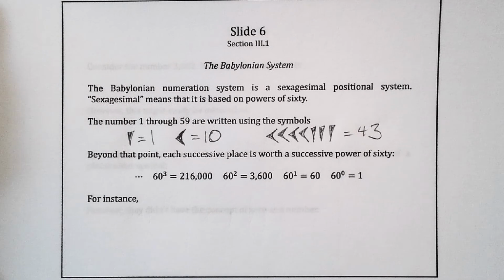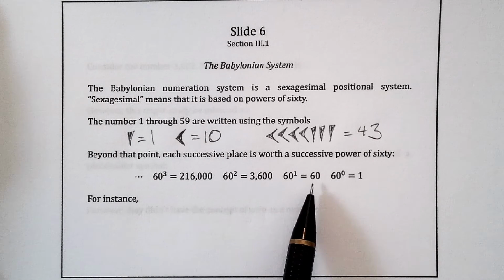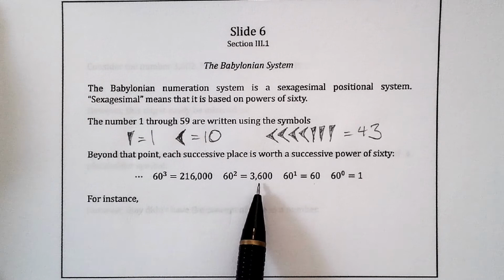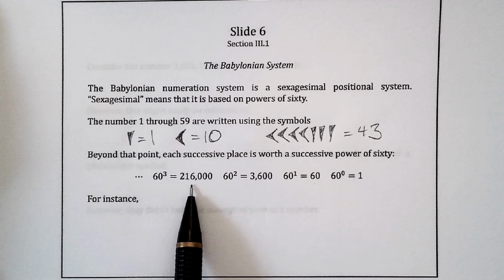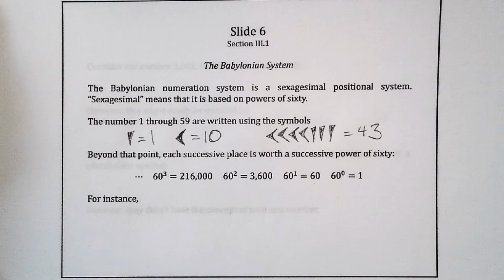Just like in our system where you have a ones place and then tens, and then 10 times 10 is 100, 10 times 10 times 10 is 1,000, and so on. In the Babylonian system, you had a ones place, a 60s place, 60 times 60 is 3,600, 60 times 60 times 60 is 216,000, and so on.